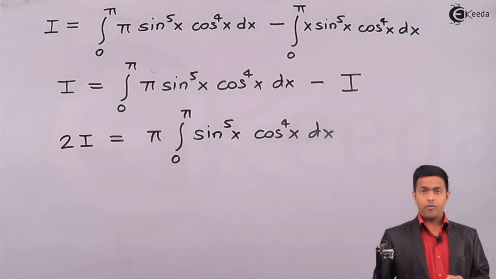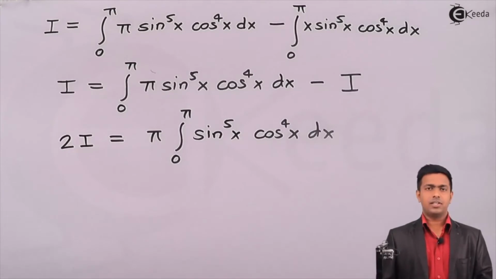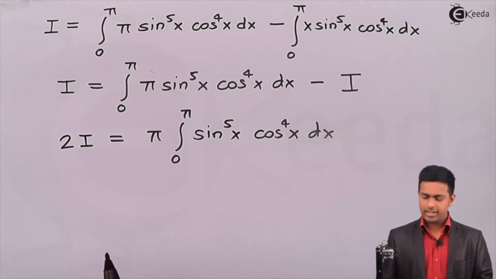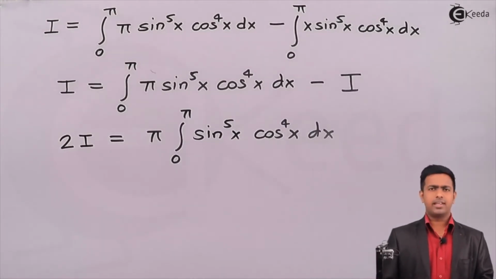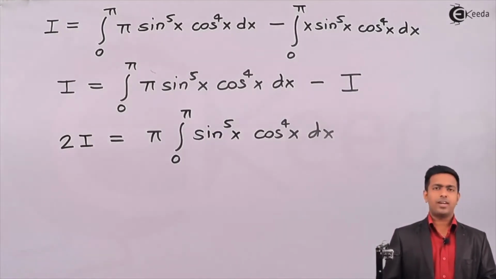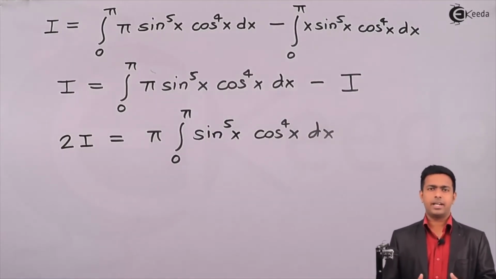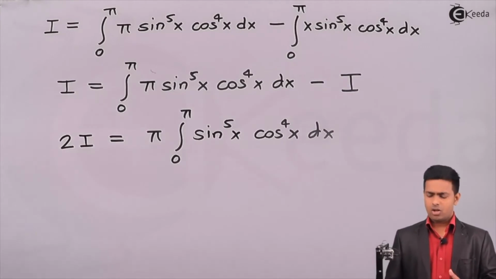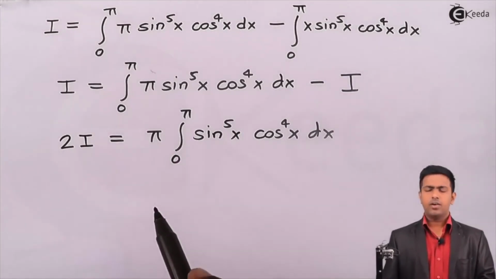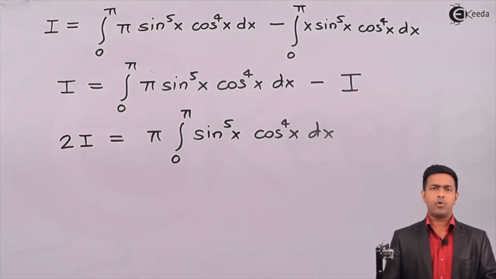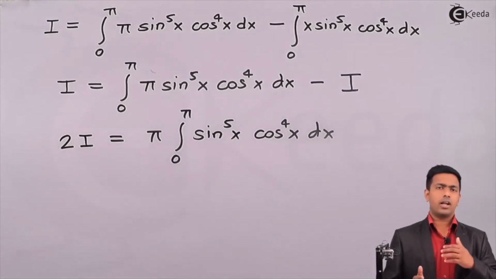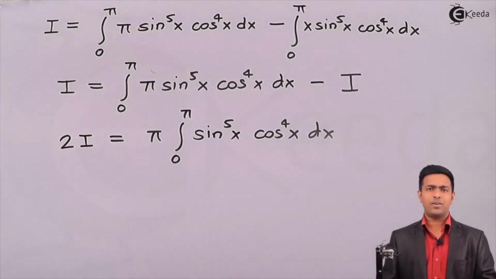Now if I want to apply the definition of beta function, one more thing is there, that is the limit of integration, and we want that limit as 0 to pi upon 2. The question is how to make it 0 to pi upon 2, and for that we are again going to use a property of definite integral.